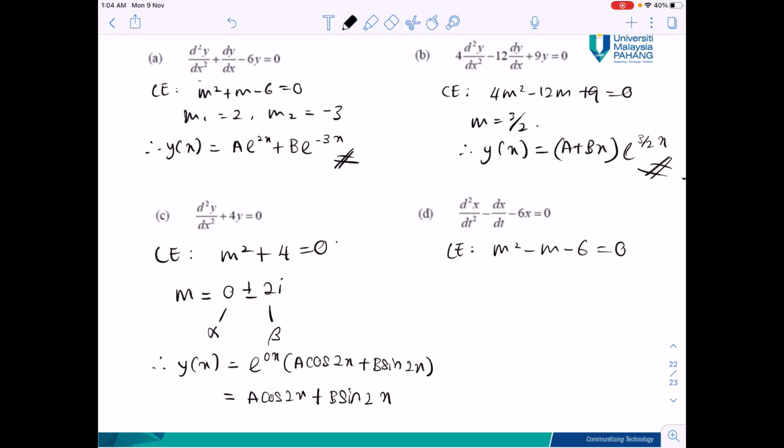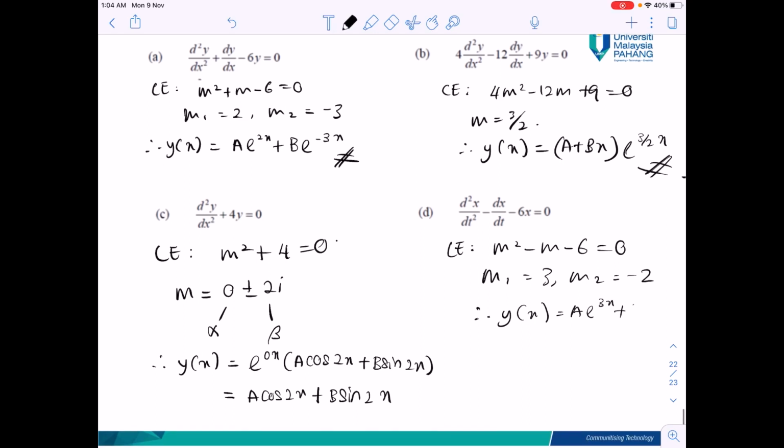Okay, this is just simple. m1 equals 3, m2 equals minus 2. Case number 1, right? y(x) equals a e^(3x) plus b e^(-2x). Okay, we're done.